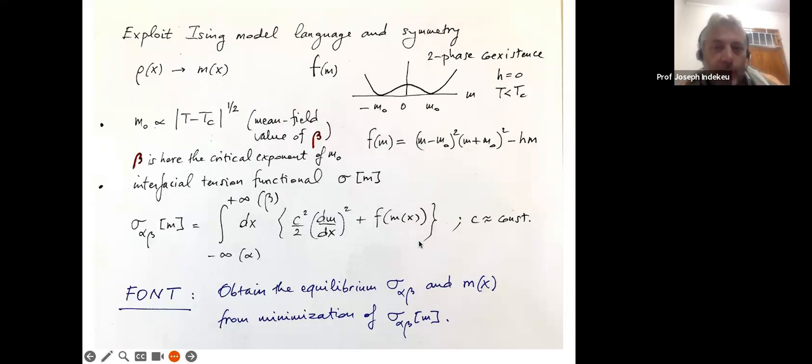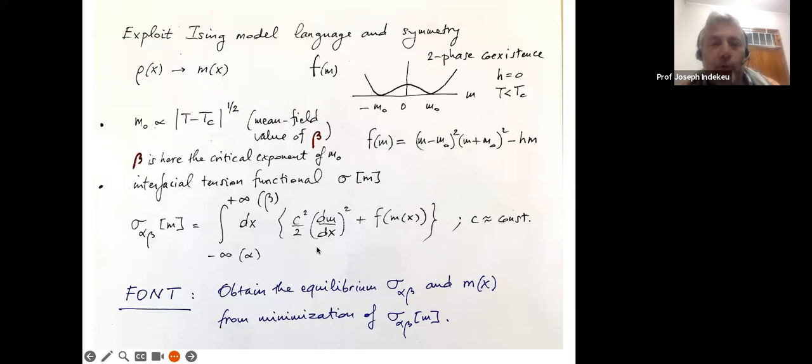The energy per unit volume will be taken to be as simple as possible. It has two contributions. One contribution is due to the fact that the order parameter or density or magnetization varies in space, and its spatial variation will amount to an energy cost proportional to the gradient squared of this profile. And so c squared is a positive quantity. We will assume it to be constant.